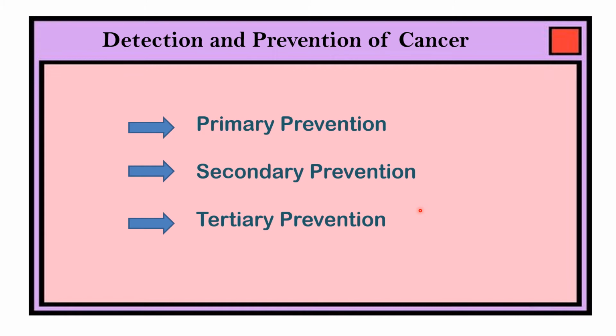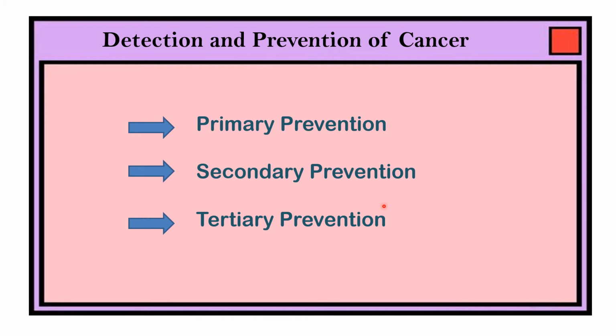So, tertiary prevention focuses on monitoring for and preventing recurrence of the primary cancer as well as screening for the development of second malignancies in cancer survivors. So I hope this is very clear to you. Again, during primary prevention, mga health promotion po yan.